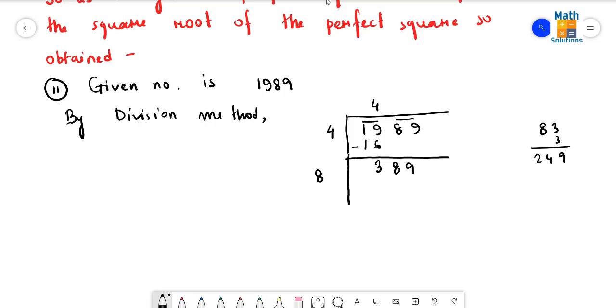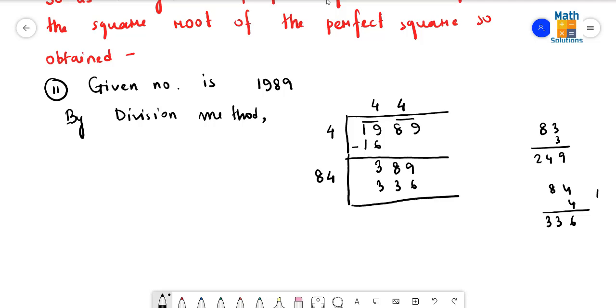Then here it is 249. So there is a possibility of getting one more chance, like 84 multiplied by 4, I shall be getting here 4 4s are 16, 1 left, then 8 4s are 32 plus 1 is 33. So this is possible. So I can place here in both these two places 4 so as to get 336.